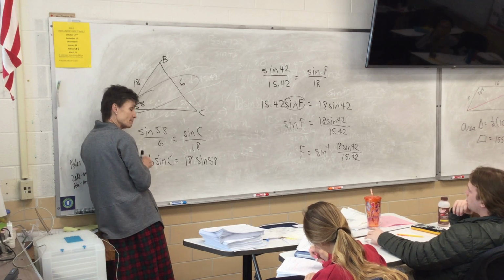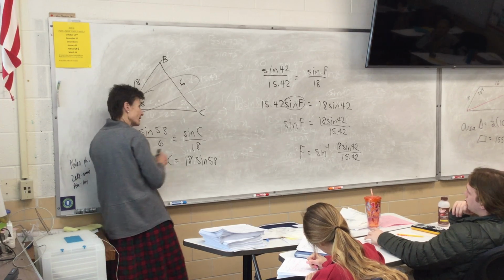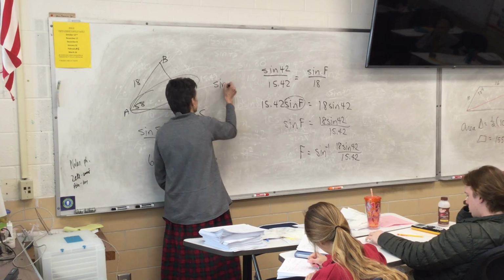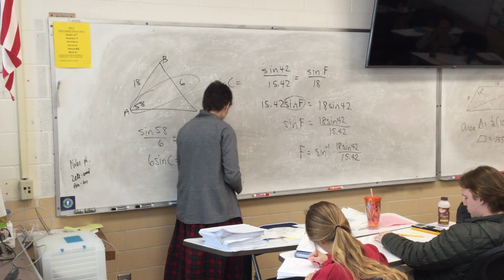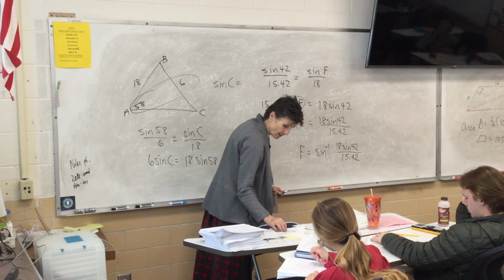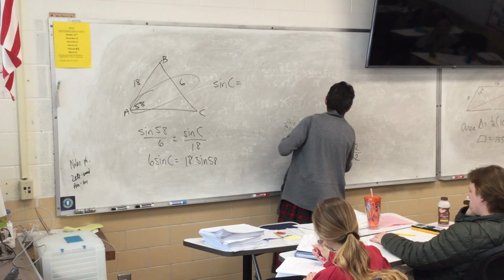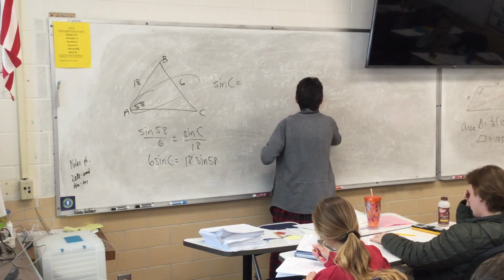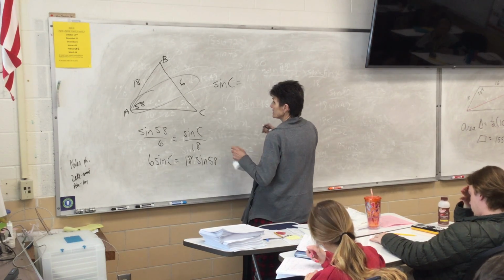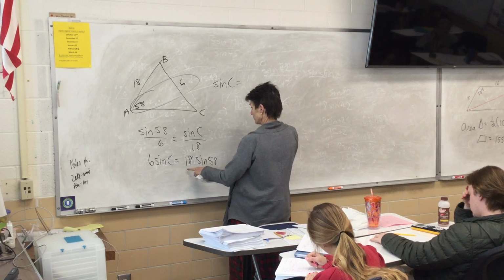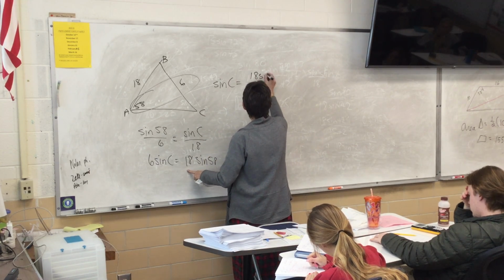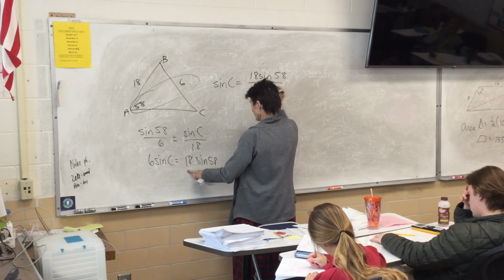Again, what am I dividing by here? Just 6. So sine C equals 18 sine 58 over 6.